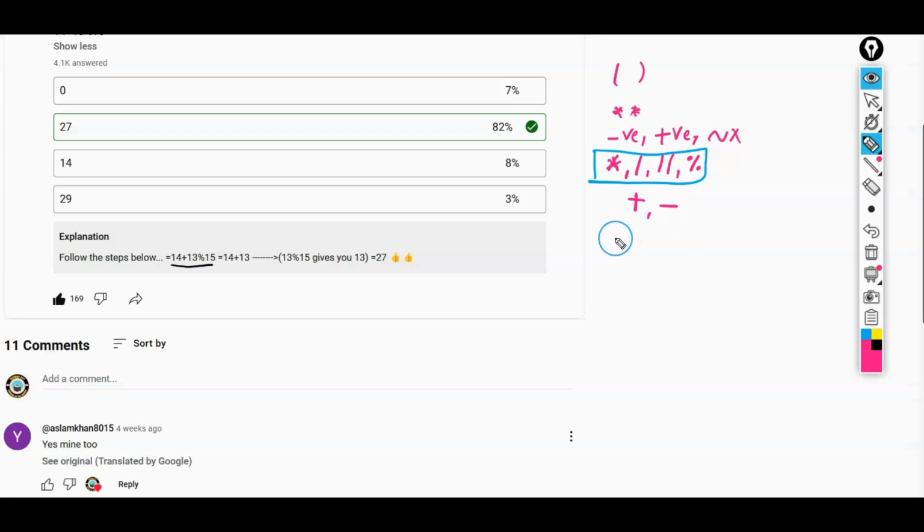Then the next are the left shift operator and the right shift operator. Bitwise and, bitwise XOR, and bitwise OR have the next precedences.